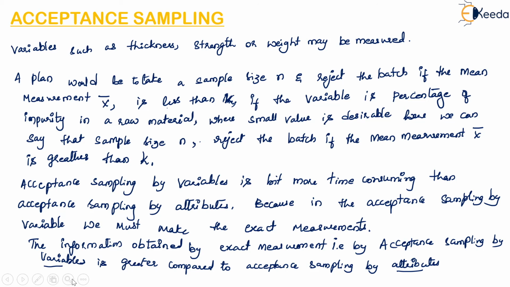So based on the type of circumstance or type of measurement which we are making, we have to choose either acceptance sampling by attributes or acceptance sampling by variables. Now the operating characteristic curve for the acceptance sampling by variables. So this is all about acceptance sampling. I hope you have understood the topic.